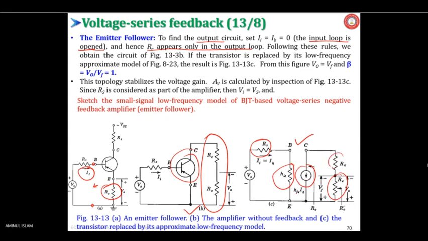And this is your RC here. So this circuit can be obtained if you replace the BJT with its low frequency small signal model, and we get this figure on the right hand side. Yes, Aman? Yes, sir.